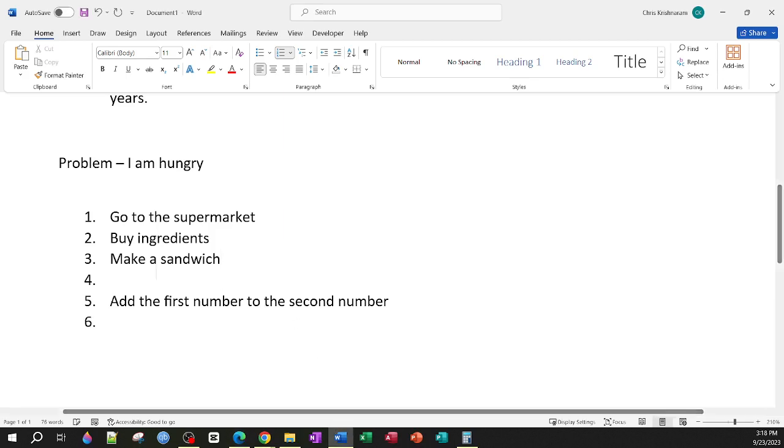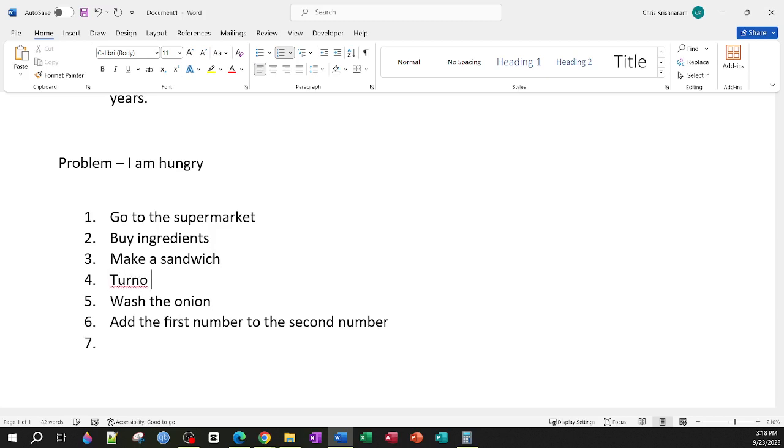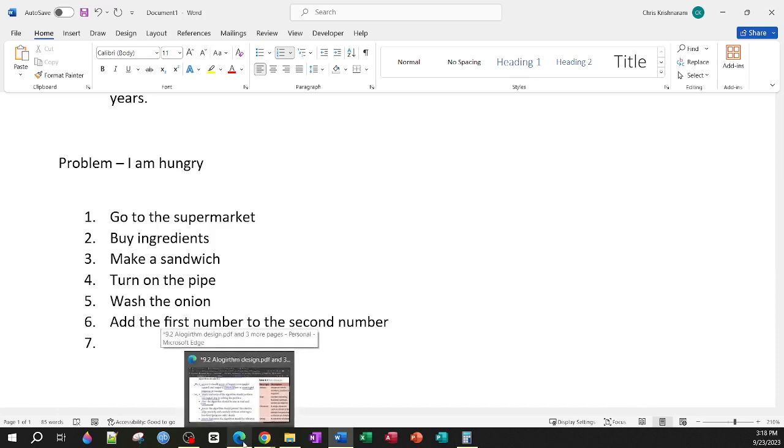So if we say wash the onion, you can't get smaller than that, unless before that you say turn on the pipe and then you wash the onion. So that's where we're getting at. It must be simple. One logical step. Each step must be a clear action as to what is to be carried out.